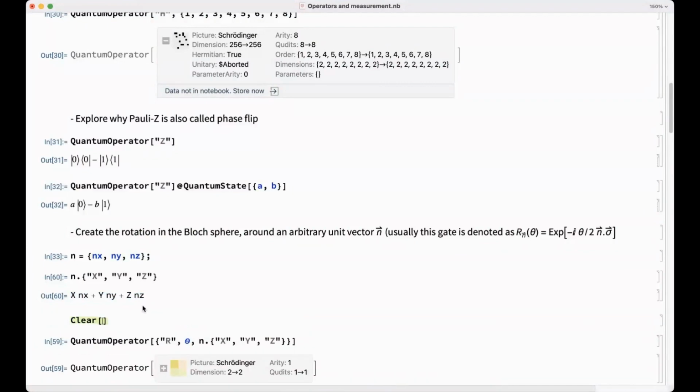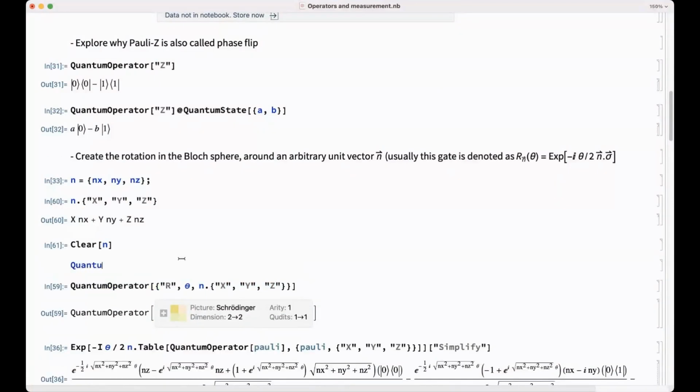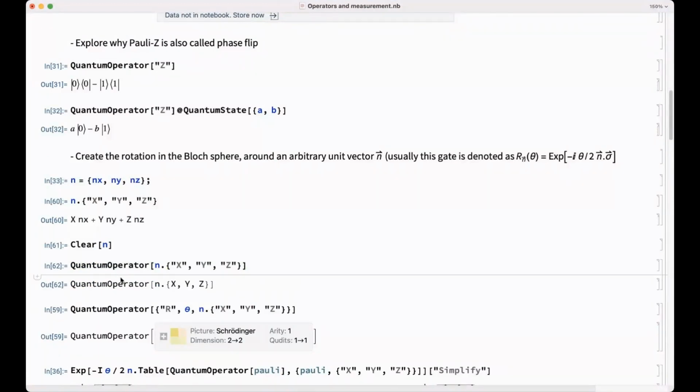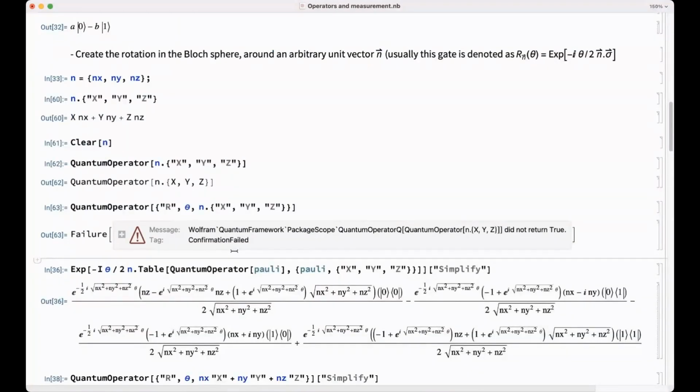If you clear it, this is not a valid operator. You should have a valid operator here, and it doesn't evaluate to anything. It should be a failure, not a bunch of messages.